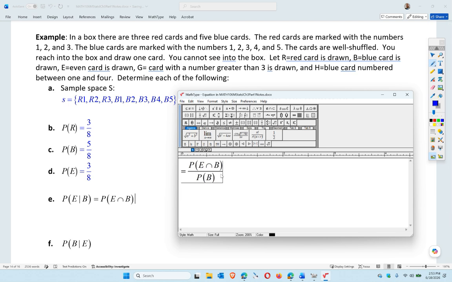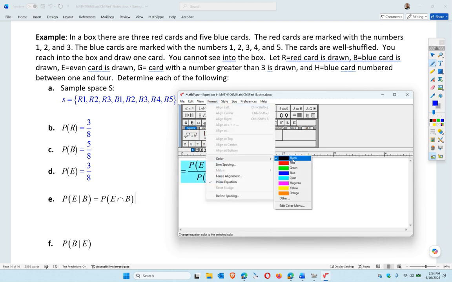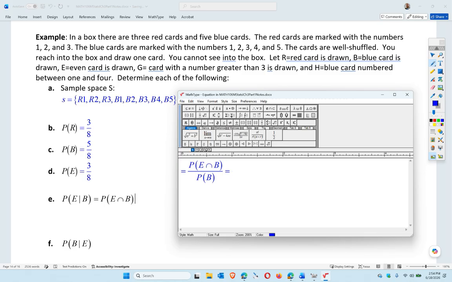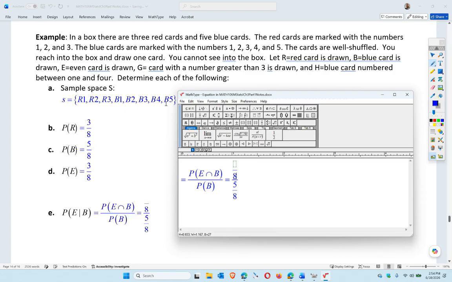The line means the condition. Let's make that blue, so that's the formula, right? Okay, and then we'll have fraction and fraction. All right, so B is 5 out of 8. We already have that. Okay, this one's obviously out of 8. So E and B. So what does that mean? We have to be blue and even. So that's only the B2 and the B4, isn't it? So that's only 2. Okay, so that looks like a probability of 2/5, right?